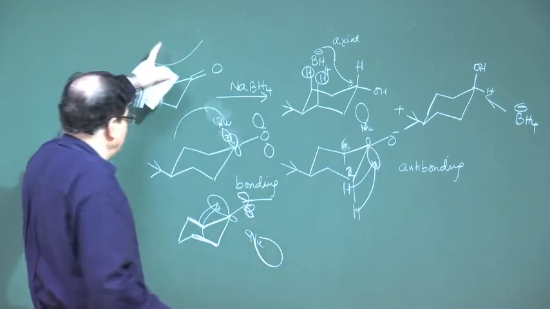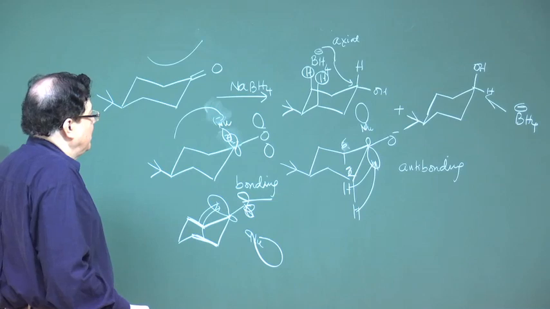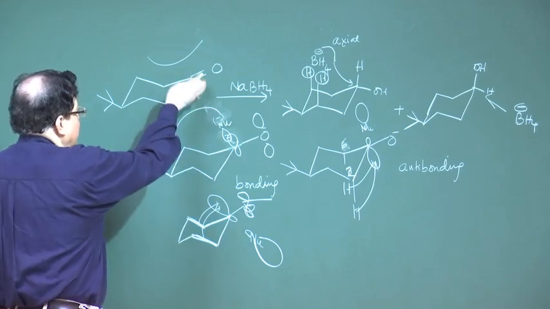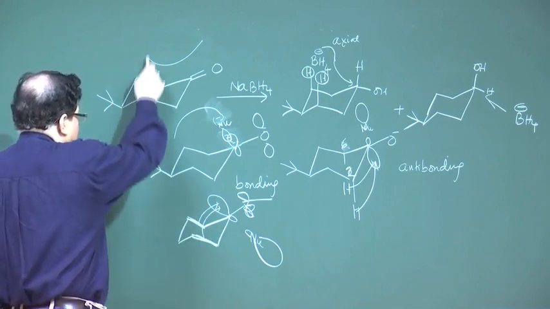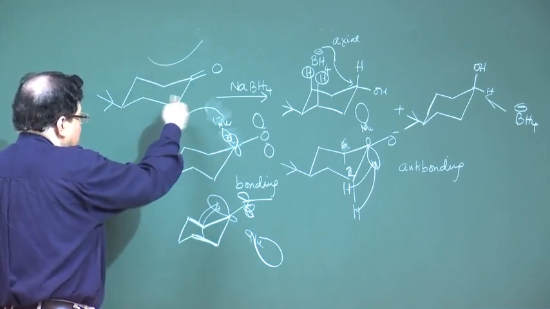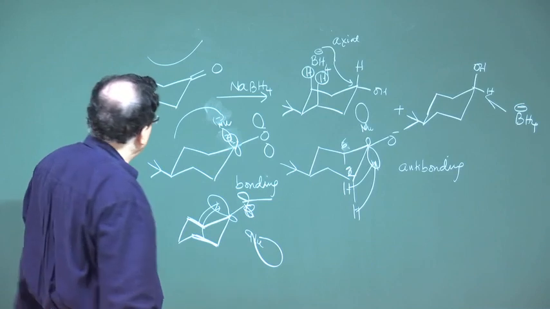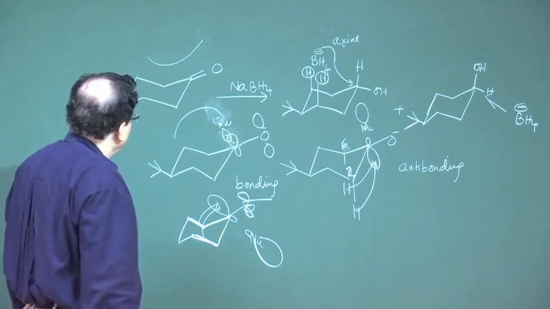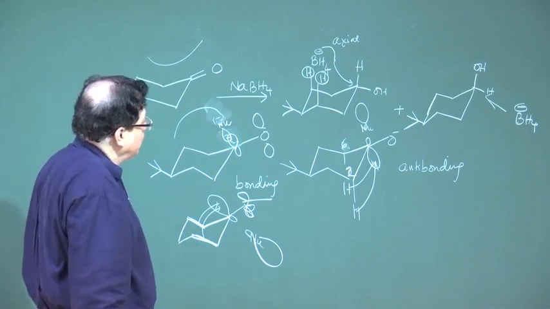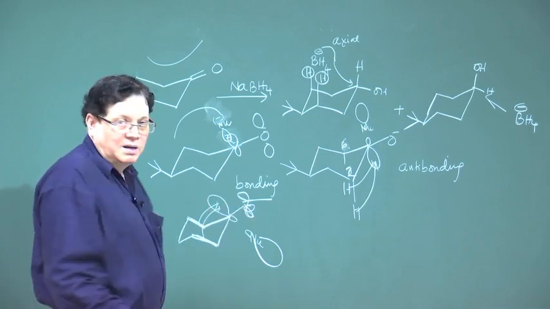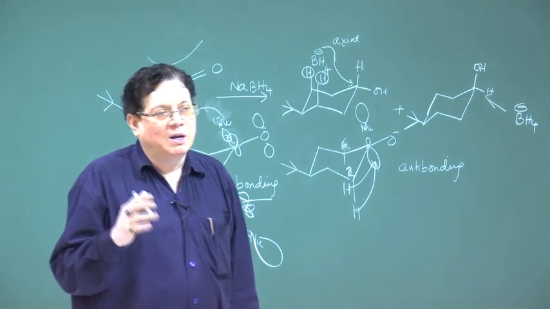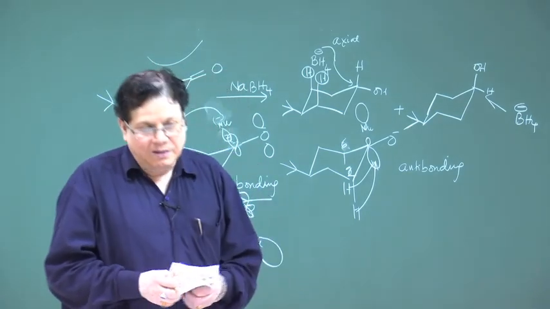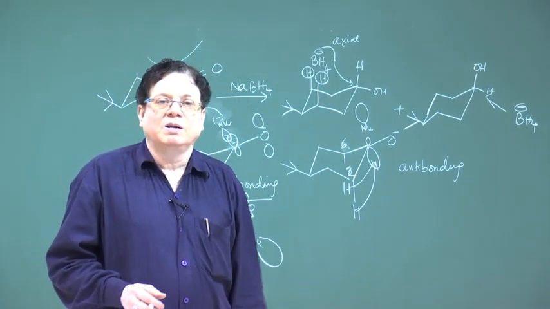This equatorial face is geometrically not the same as the axial face, because in the axial face you have these axial hydrogens, but in the equatorial face you do not have those. So, they are not offering the same type of faces to the approach of the hydride. So, that may not be an ideal system to really convince ourselves that the Felkin model is correct.